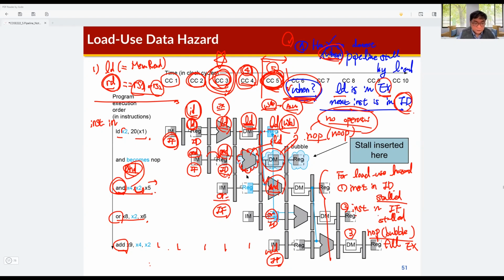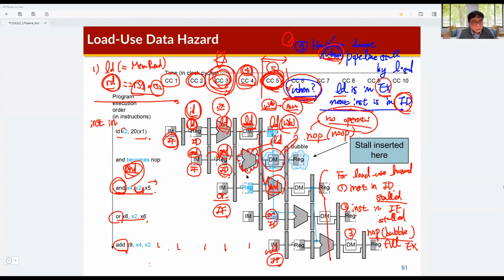But as I said, the result is not generated yet, so the result cannot be forwarded. So the instruction in the instruction decoding stage should be stalled, and also the instruction in the fetch stage is stalled.